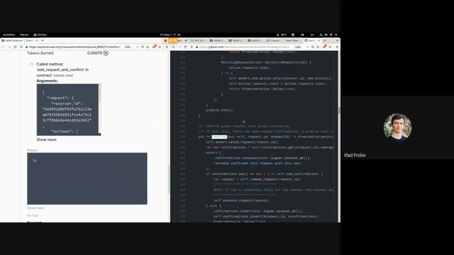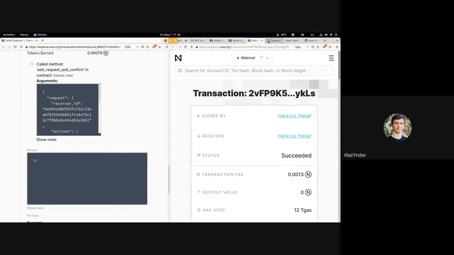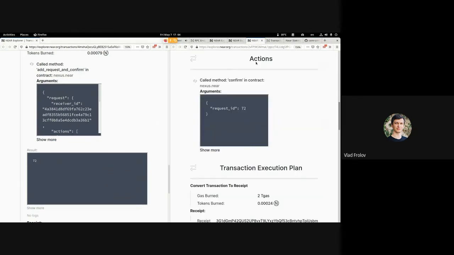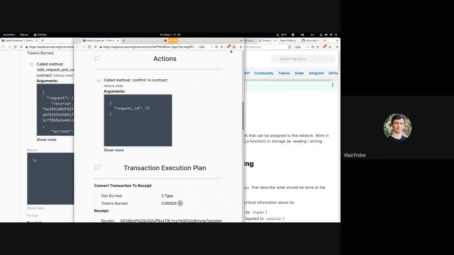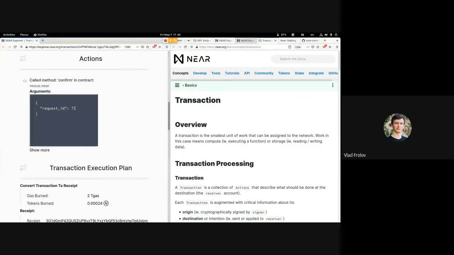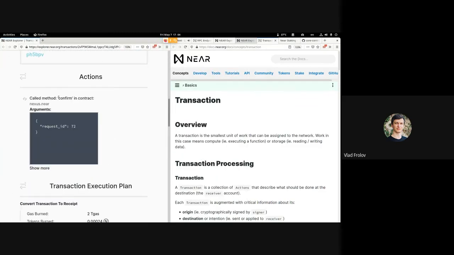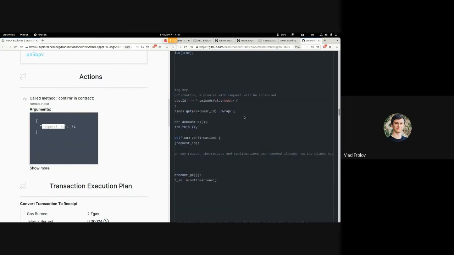Then when we call confirm, so we call method confirm with request ID 72. We check that the request ID is valid. We check some other conditions.